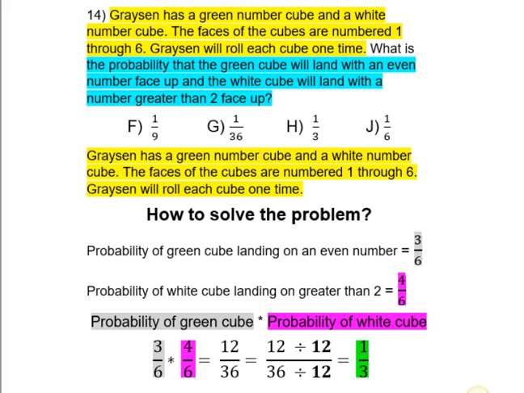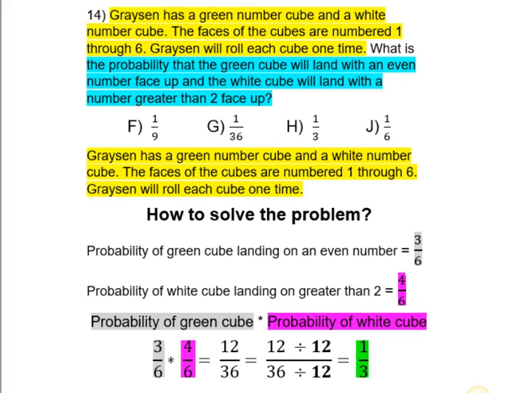In order to find the probability, we need to multiply the probability of a green cube and the probability of the white cube. 3/6 times 4/6 is equal to 12/36. Well, we need to continue because we want to find the simplified fraction.